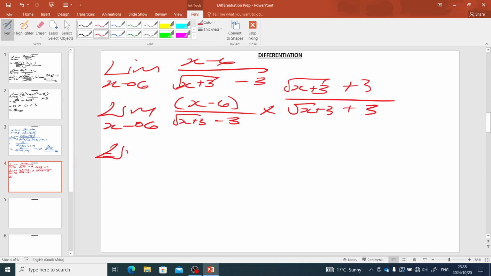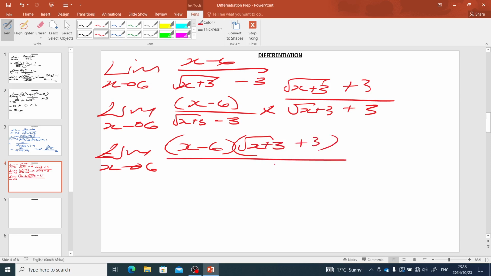It will be the limit as x approaches 6 of x minus 6 in brackets, times the root of x plus 3 plus 3, divided by x plus 3 minus 9. You can tell that this factor is multiplied by that one, and this one is nothing but the difference of two squares.